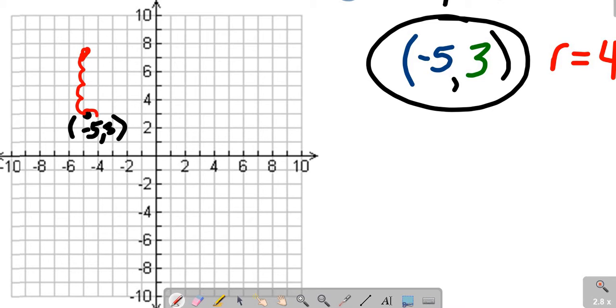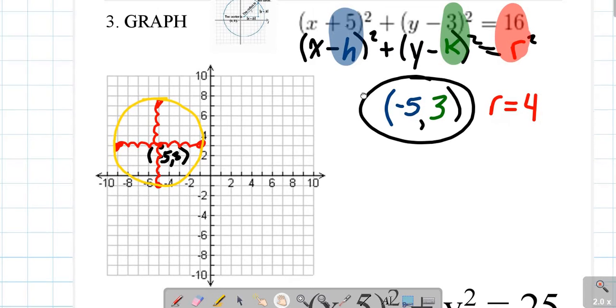Go east 4. South 4, west 4. Honestly, the hardest part of circles is making it kind of look like a circle. Ta-da! Easy peasy lemon squeezy.